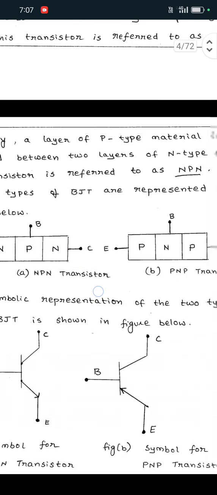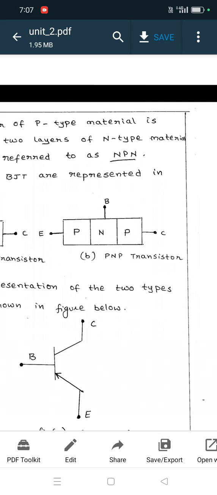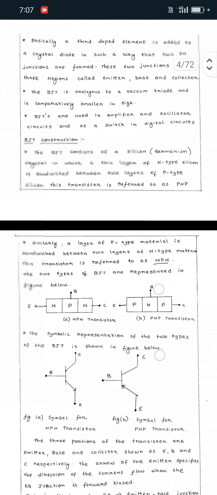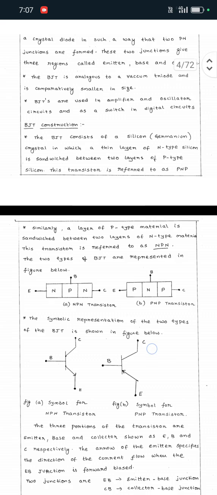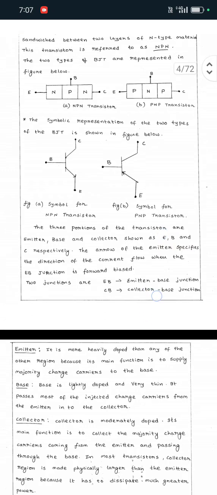So same here, n type is sandwiched between the two p layers. NPN transistor means n-type silicon is sandwiched between two p-type silicons. PNP transistor is p-type silicon sandwiched between two layers of n-type semiconductor.